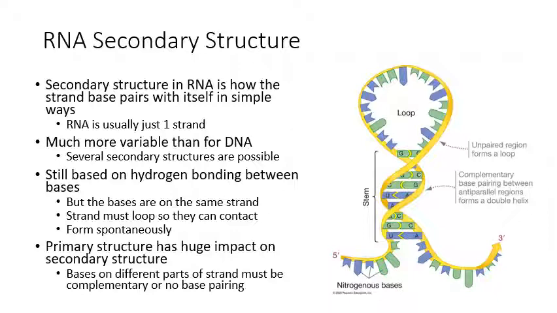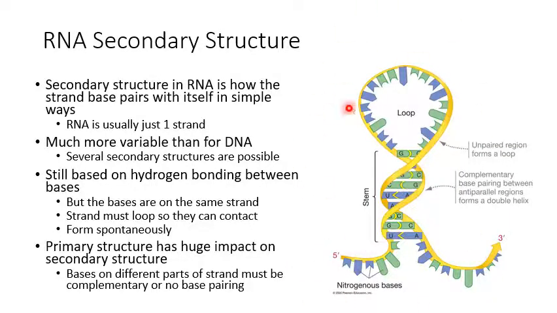Then once you have that base pairing, you're going to get some base stacking, and that causes little twists to form. So you're going to get little bits of what looks like double helix forming in the RNA secondary structure. So here's an example of a commonly found secondary structure in RNA.